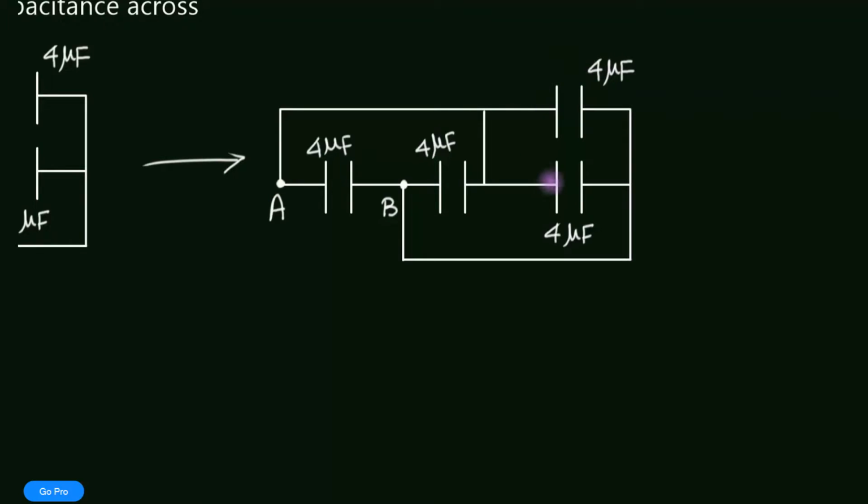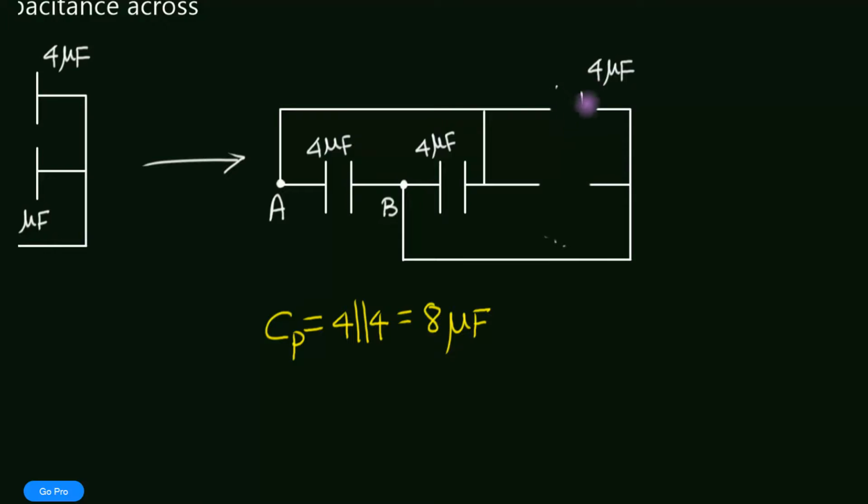Alright, so these 2 capacitors are in parallel with each other, and the 2 capacitors in parallel are going to give me, so we just have to do 4 parallel 4, and that's going to be 4 plus 4, 8 microfarad. So that's nice. So what I'm going to do now is I'm going to delete these 2 capacitors. Who needs these 2 capacitors? I'm just going to replace them with one single capacitor.